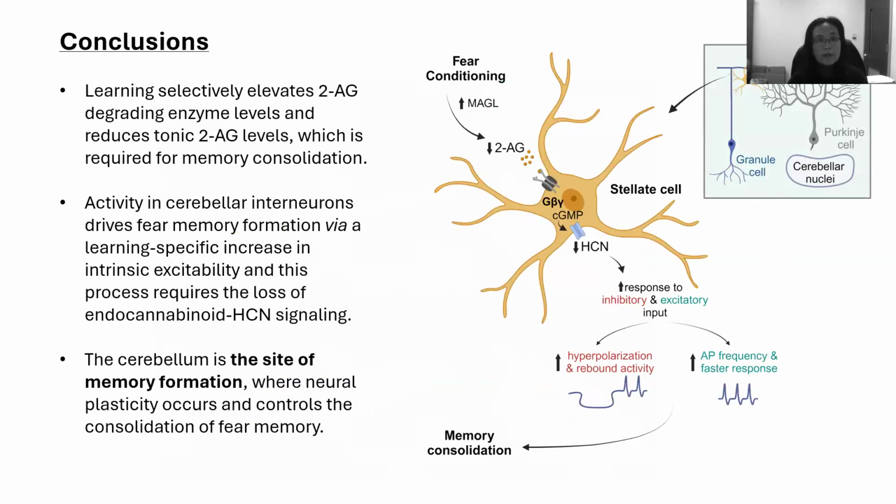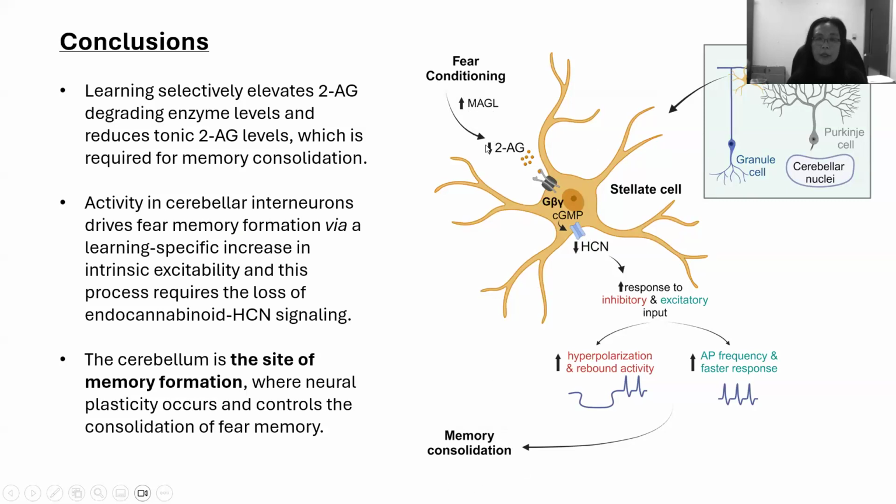So in conclusion, here we have shown that fear conditioning can actively increase MAG lipase expression and reduce 2AG level, and that's important for memory consolidation. The activity of inhibitory interneurons actually is a driving force for the formation of memory consolidation.